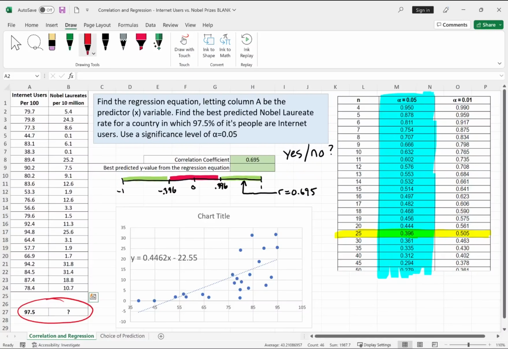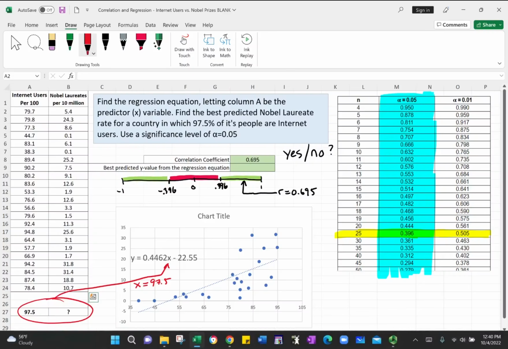We take the x value. So we're basically plugging it in for x. So we're going to let x equal 97.5. So plug in 97.5 for x, solve for y. So we'll do 0.4462 times 97.5 minus 22.55.